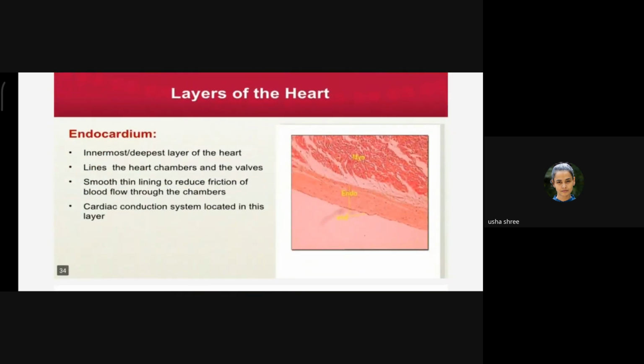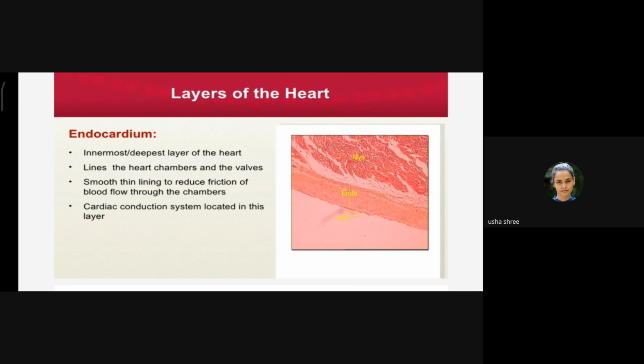Now, the last or innermost layer is endocardium. That is the deepest layer of the heart. It lines the heart chambers and the walls. It is a smooth, thin lining that reduces the friction of blood flow through the chambers. The cardiac conduction system is located in this layer.